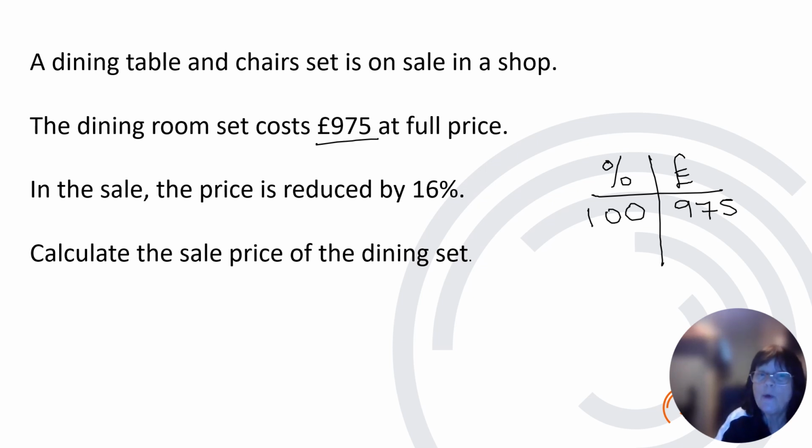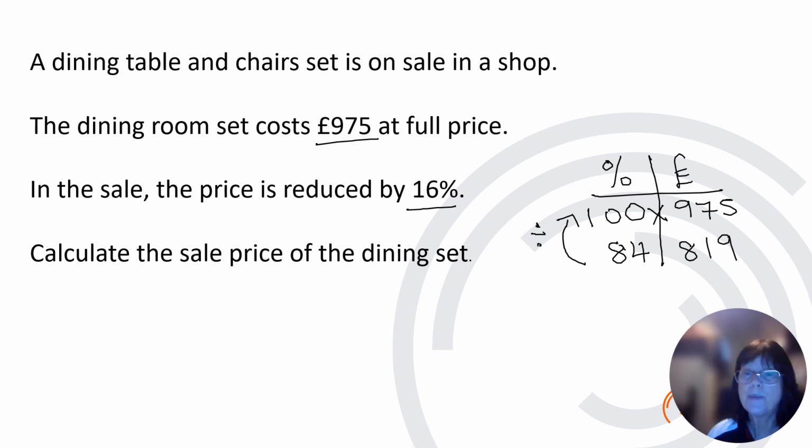Now, in a sale, it's reduced by 16%. So we are not paying for 16%. Therefore, we are paying for 84%. Do you remember what to do? Divide by the number above, multiply across, and you should get £819. So with 16% off, we are paying for 84%, which is £819. How are you getting on with this now?